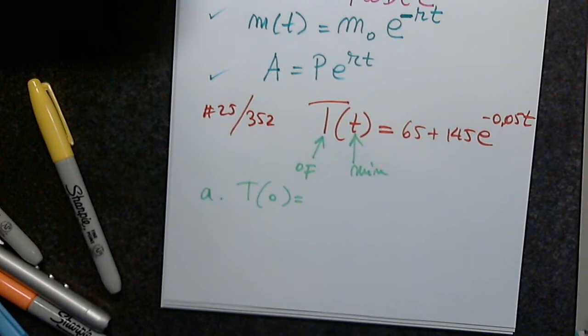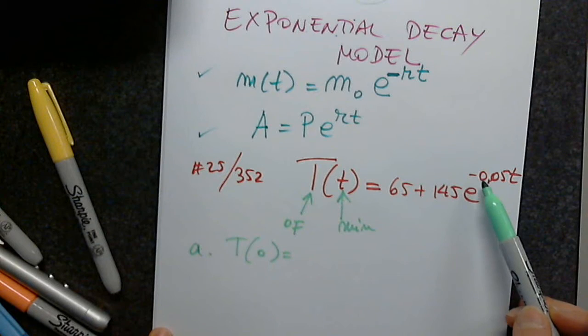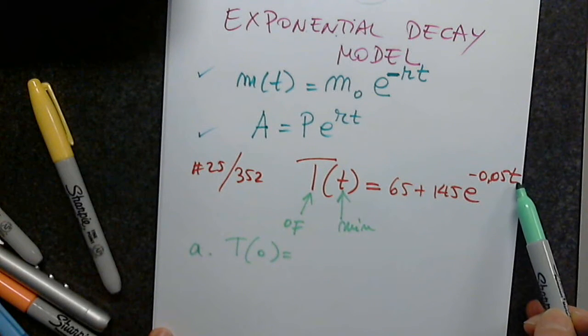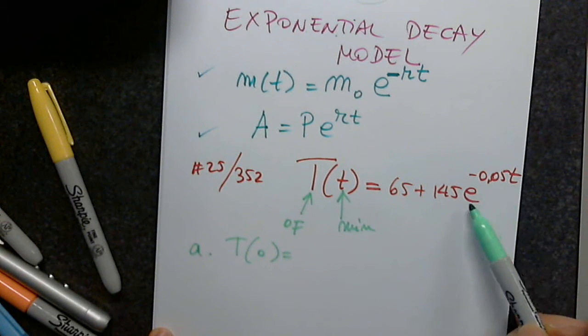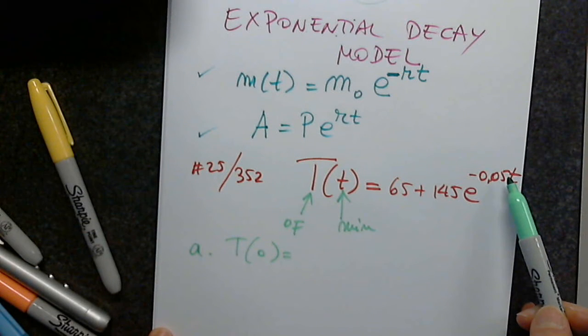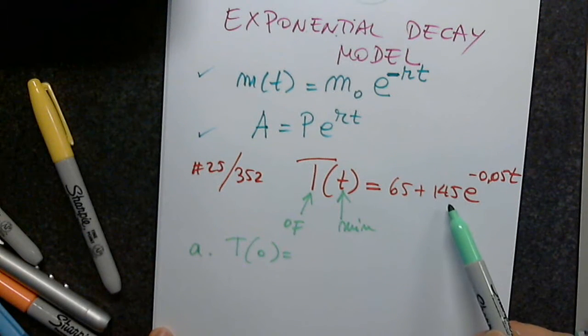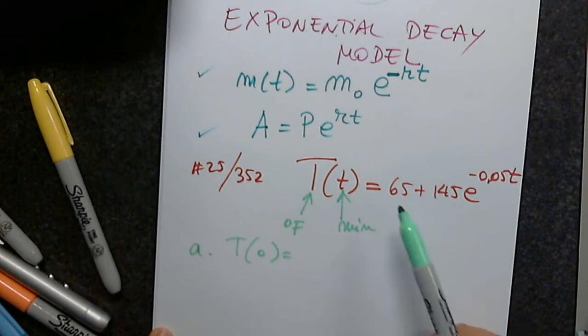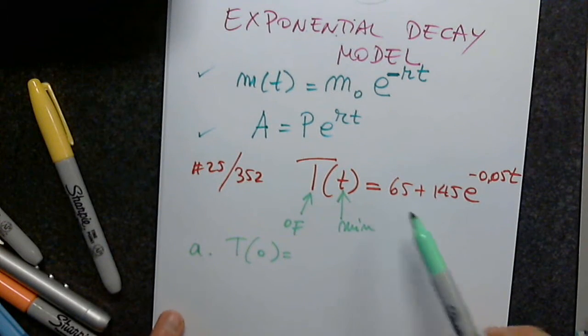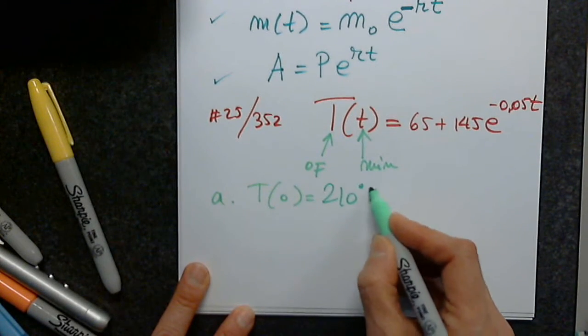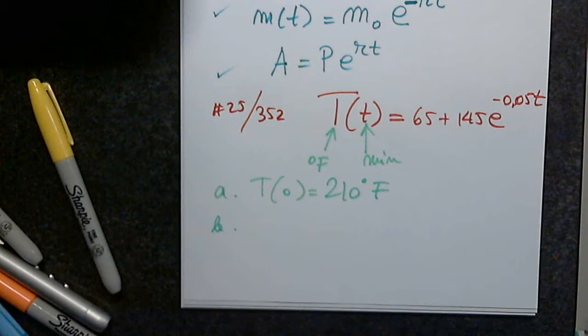So negative 0.05 times 0, e to 0 is 1. 1 times 145, 145 plus 65. So the soup was warmed up to 210 degrees Fahrenheit, according to the model. Part B, what is the temperature after 10 minutes?